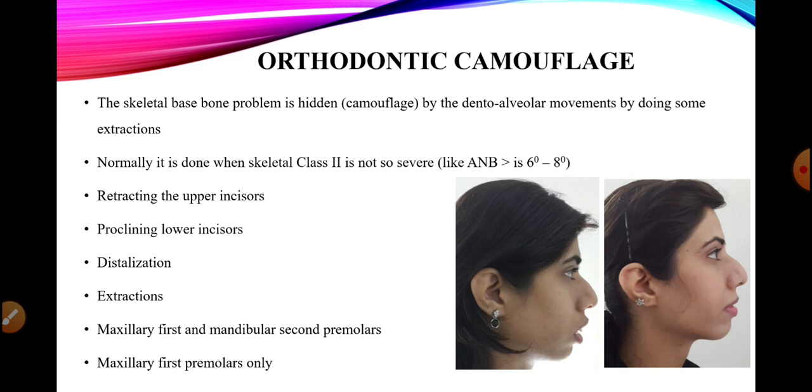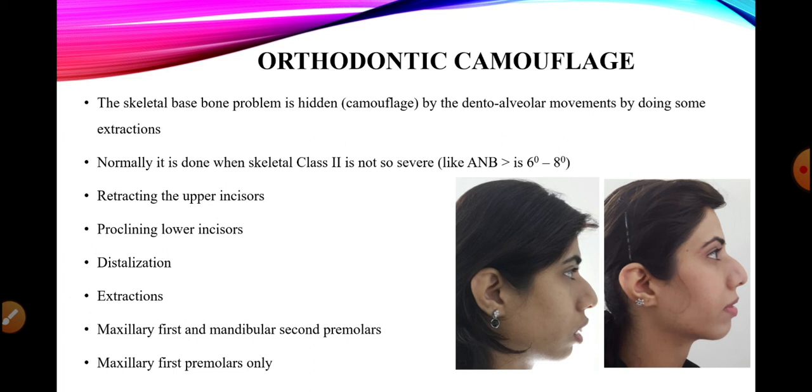What we need to do for retraction of the upper incisors, that is, if retraction is needed in the upper arch, we need space in the upper arch. That space may be created either by distalization, meaning taking all the teeth back and creating space and then correcting the malocclusion in that space, or by extractions.